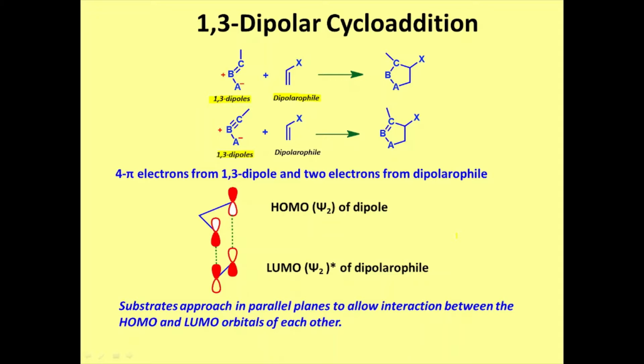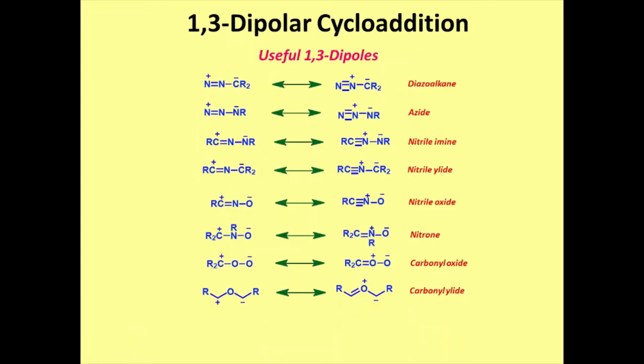Next, before we move on, we will see some useful 1,3-dipoles. As you can see over here, there are several, and besides these exemplary examples, there are many more. The diazoalkane, you can see this is one example, and you can have the canonical structures of all these 1,3-dipoles.